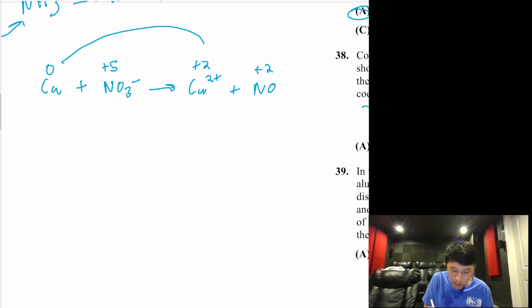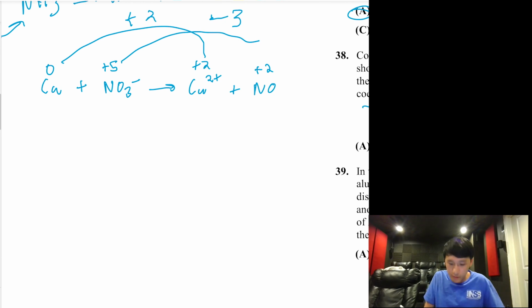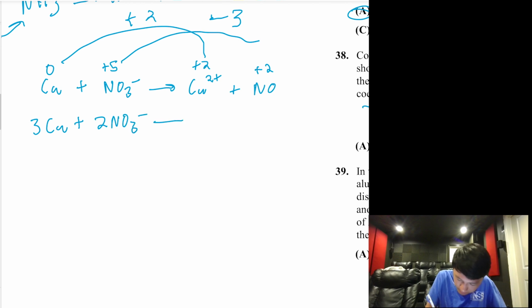Overall, copper gets oxidized by 2 oxidation states, and nitrogen gets reduced by 3 oxidation states. The least common denominator of 2 and 3 is 6, so we can multiply the reaction stoichiometry to get to 6. So we get 3Cu plus 2NO3- goes to 3Cu2+ plus 2NO.